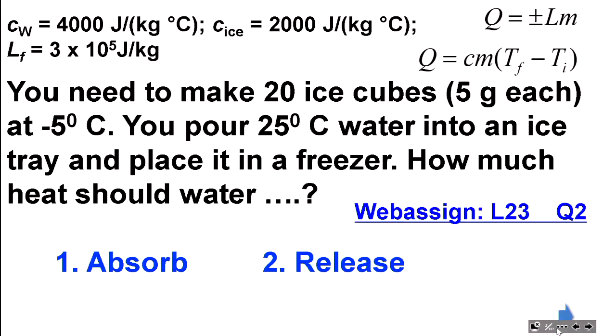A question: it's summertime. You want to make ice cubes for your drinks, and you pour a certain amount of water into an ice tray. The water is taken from room temperature, 25 degrees Celsius.